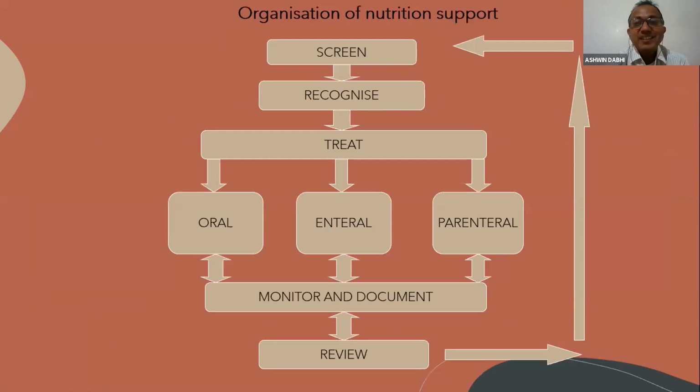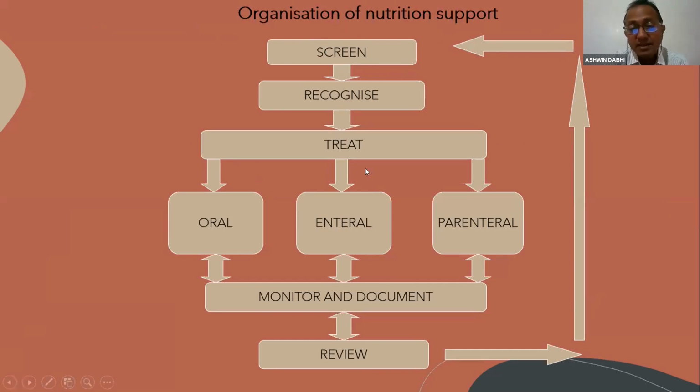So it is appropriate to build a good department of clinical nutrition, and it should be properly organized. The moment a patient enters the hospital, they should be screened, and we should recognize the nutritional issue. Then we have to make a roadmap: whether this patient can be addressed by an oral diet, or maybe we might have to use enteral nutrition. We may predict that this patient is not going to eat for quite a few more days.